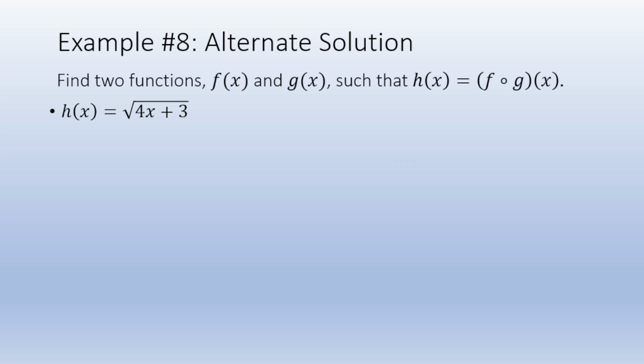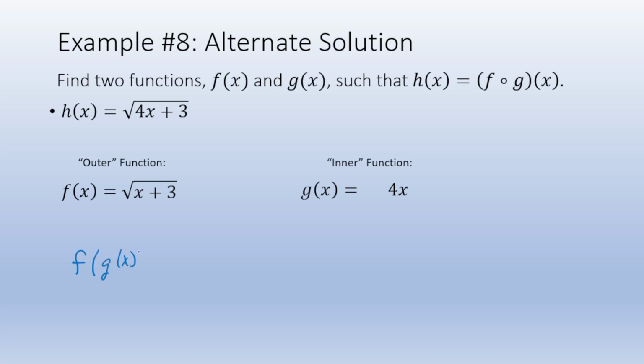Taking the same problem, h of x equals the square root of 4x plus 3, if we let the inner function be 4x and the outer function f of x be the square root of x plus 3, then f of g of x is going to be f of 4x, and we replace the x in f with 4x in this case, which will give us the square root of, instead of x plus 3, 4x plus 3, which is our original function again, h of x.